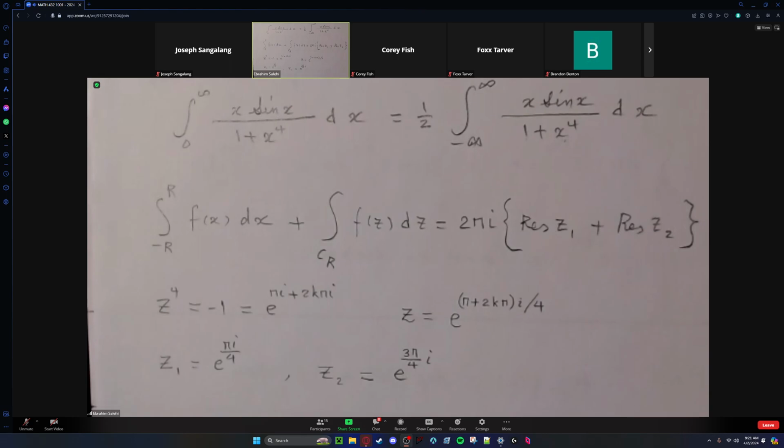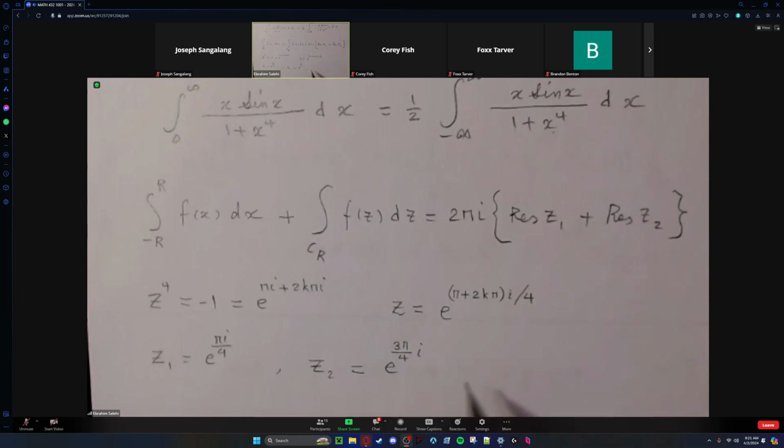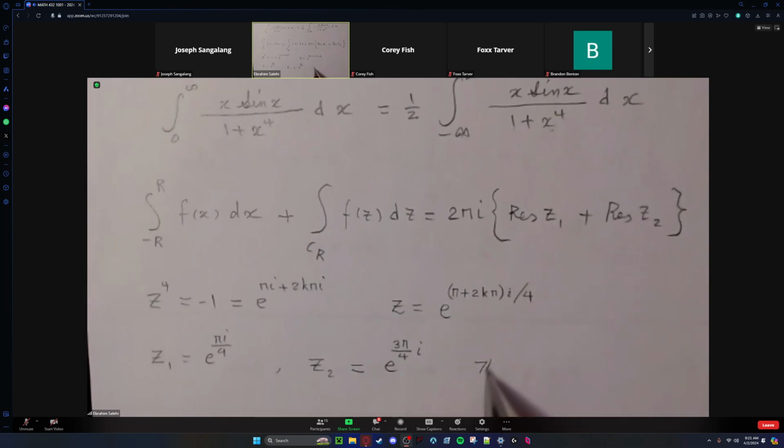So the residue at this one and the residue at this one. And these are simple poles, all right?